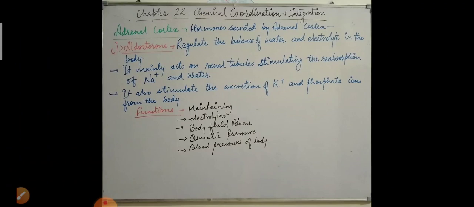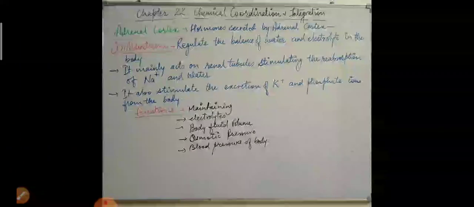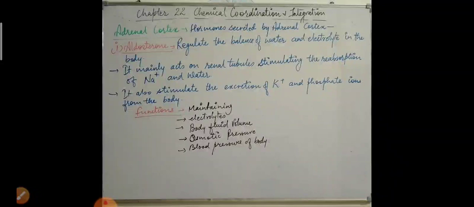We know that sodium and potassium work opposite to each other. When sodium ion is reabsorbed, then potassium ion is excreted out. Next, what are the other functions of aldosterone? It maintains the electrolytic balance, the salt balance in the body.